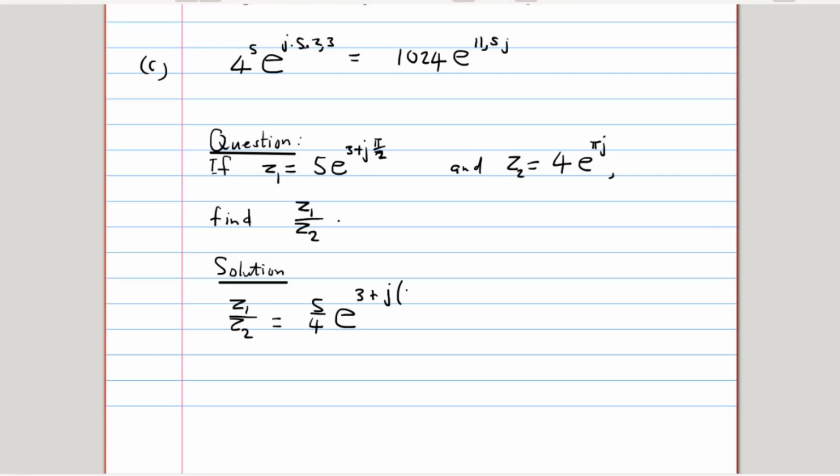Because I am now dividing, I must subtract those angles. So I will say pi over 2 minus 4 pi.